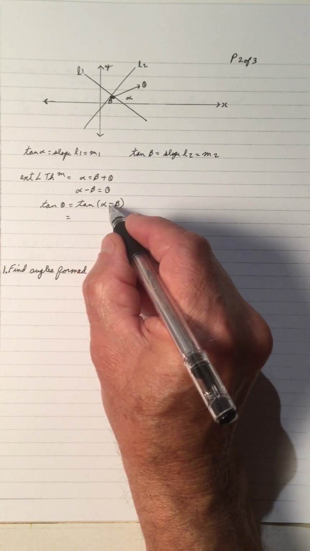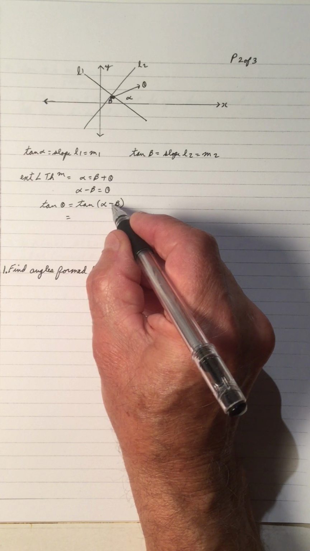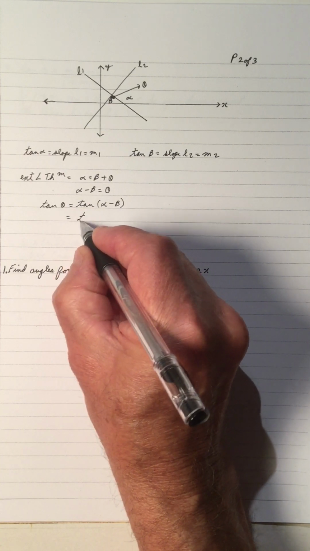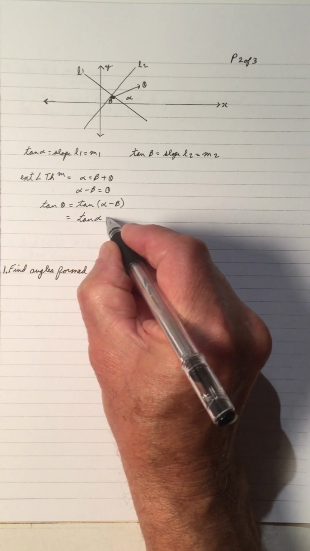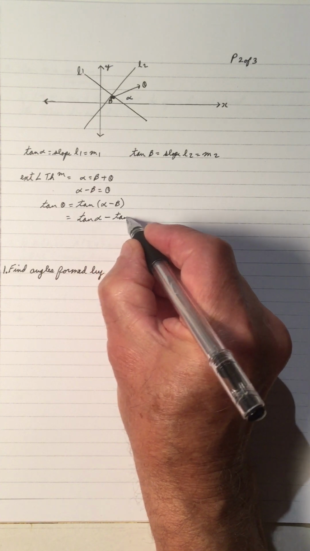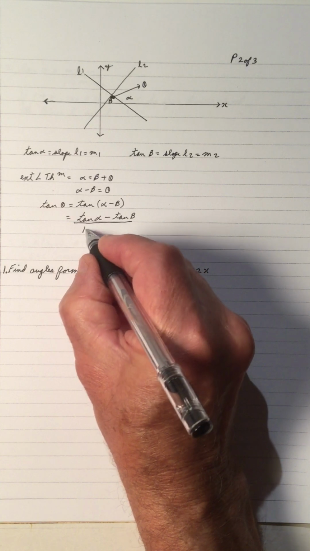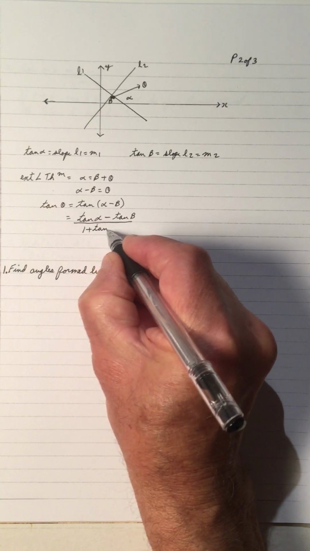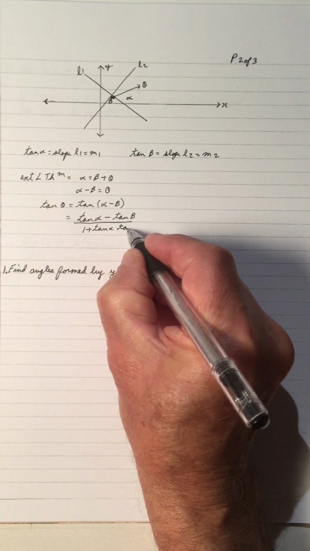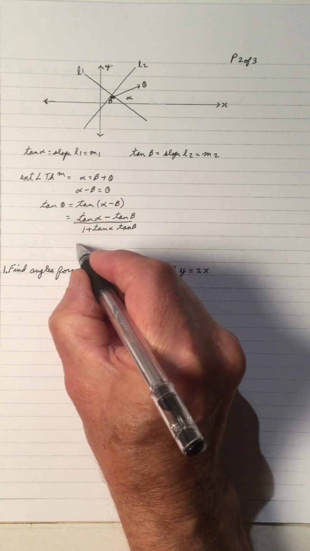And alpha minus beta is the addition formula, and that comes out to be the tan of alpha minus the tan of beta, all over 1 plus tan alpha tan beta.